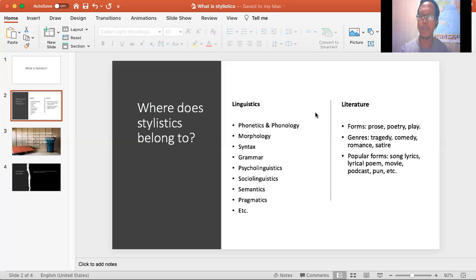And then we also study in the university the other aspect of language, which falls under the category of literature. When we talk about literature, we know that it has forms. In the traditional or conventional division, we believe that there are at least three: prose, poetry, and play or drama.